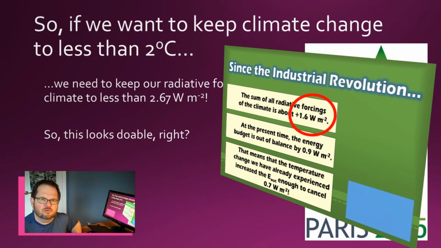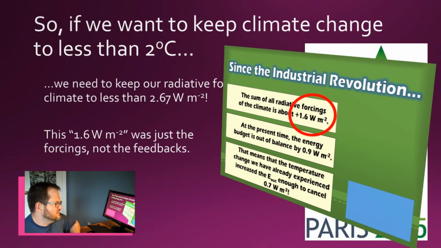Maybe this is doable. Maybe the world's not quite as messed up as we thought, but then a little subtle thing catches in here. That number of 1.6 watts per square meter is the anthropogenic radiative forcing, that's just the forcing, that's not the feedbacks. The water vapor feedback will amplify that change.